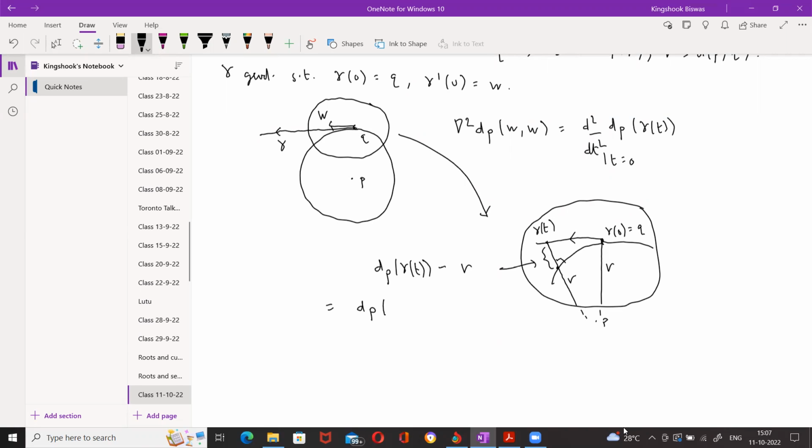Which is equal to d_P of gamma(t) minus d_P of gamma(0), right? Now you do a second order Taylor expansion.